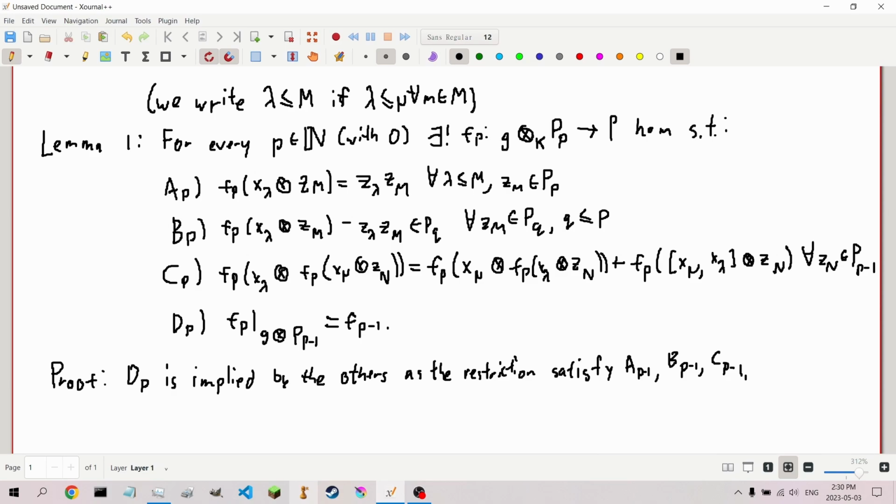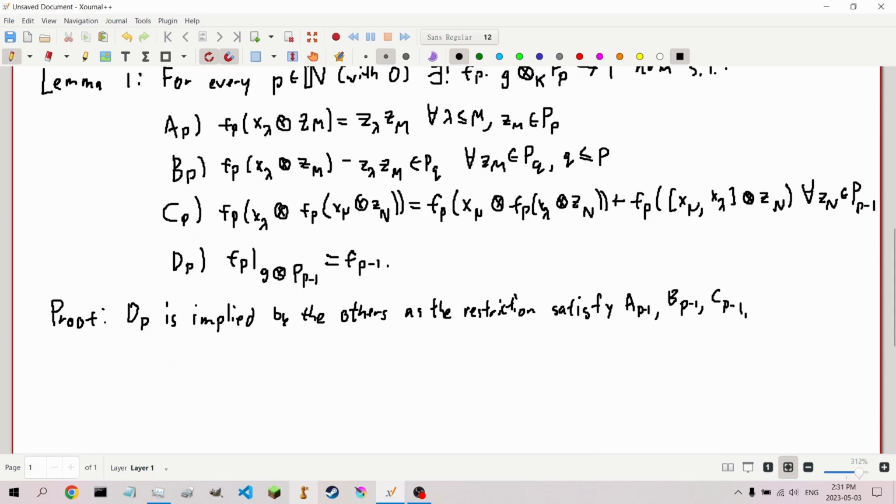Now we need to prove existence and uniqueness, and as always we're going to be getting that, as you can imagine, through induction. Because keep in mind, we don't have a map F that we want to show has these properties.